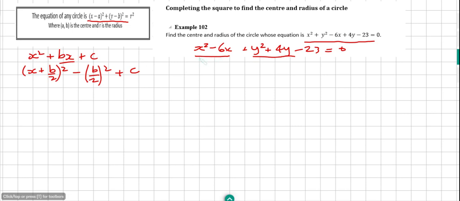In our case, I'm going to do this over here separately. We've got x² − 6x. There is no c in this bit, so c is 0 effectively.